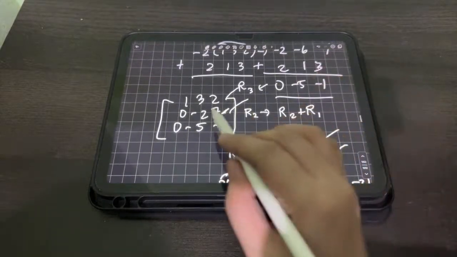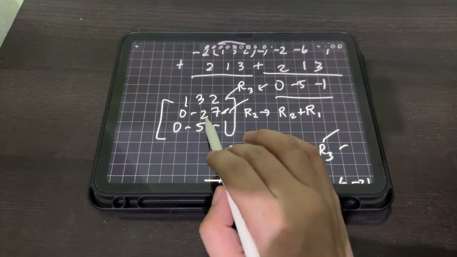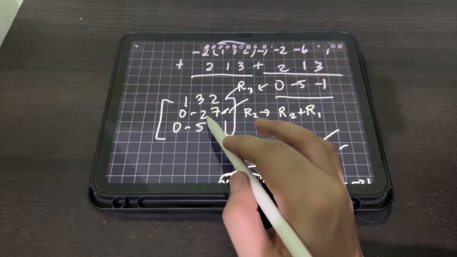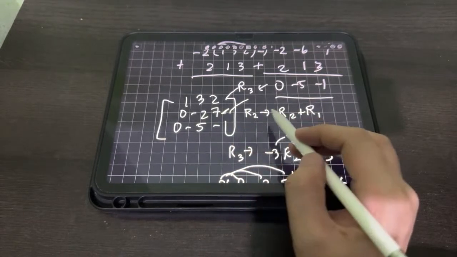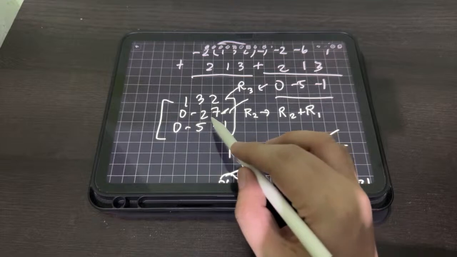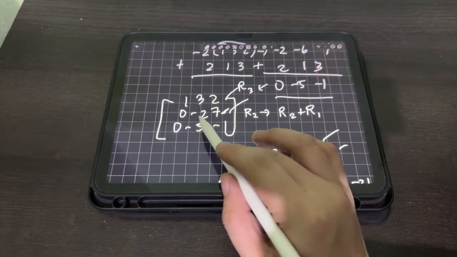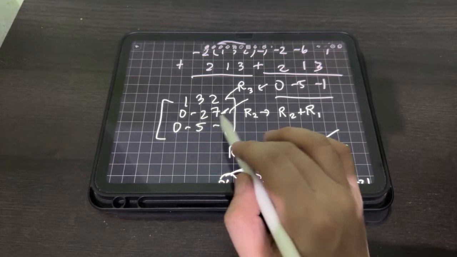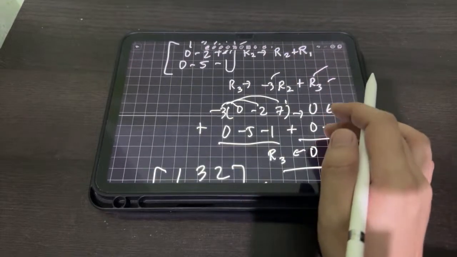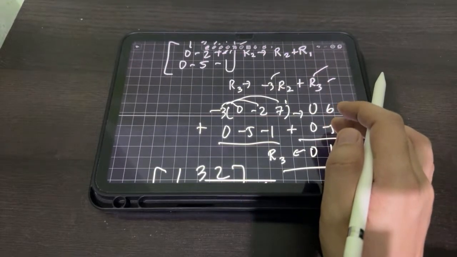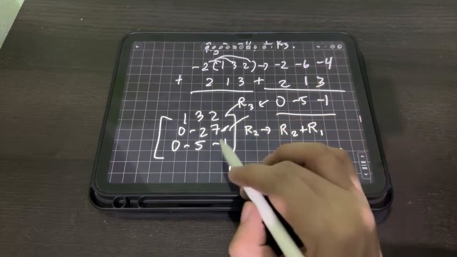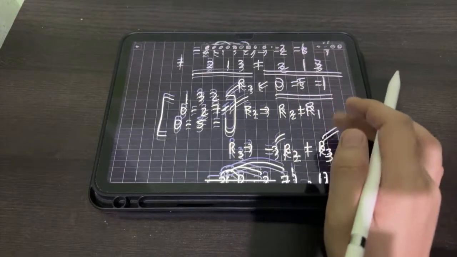Again, you can just divide by negative 2 so that you create a 1 here. But it's quite harder to operate when you have a fraction, because we will have negative 7 halves here when we divide this row 2 by negative 2. If we try to do any other elementary operations, it's harder to operate because there is a fraction.